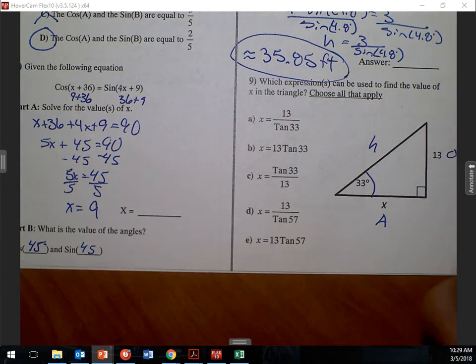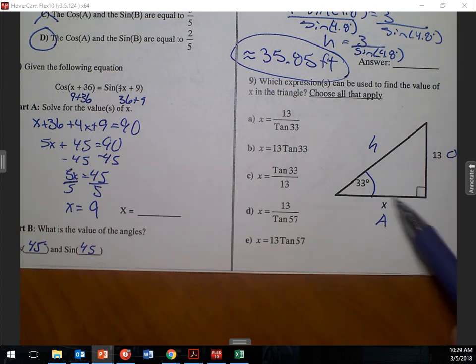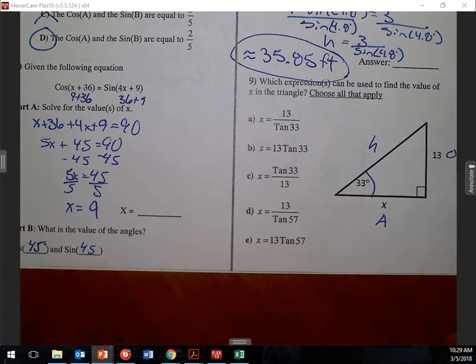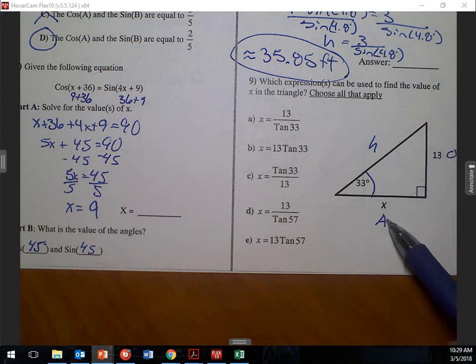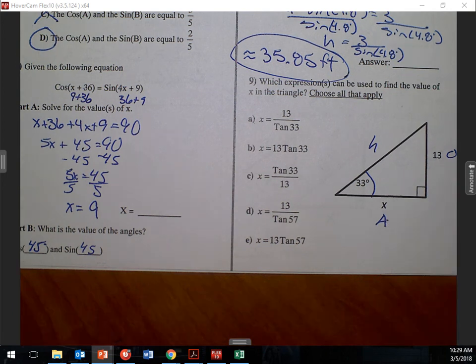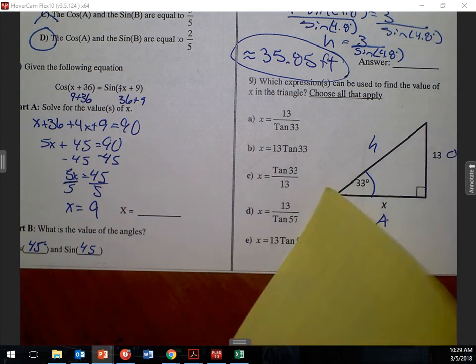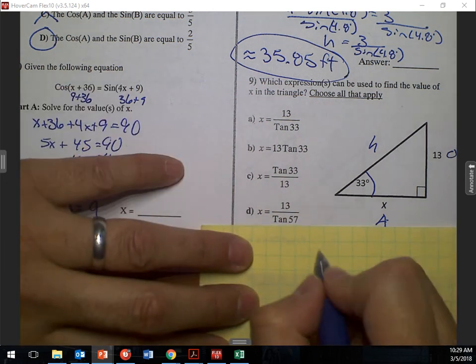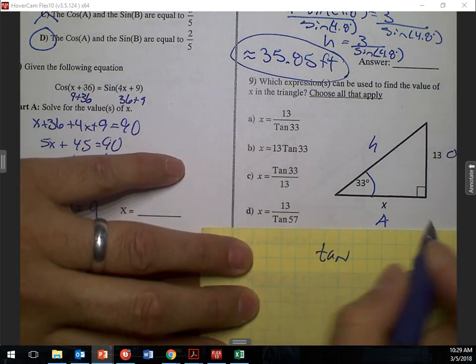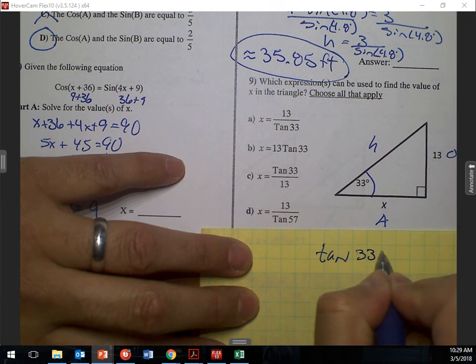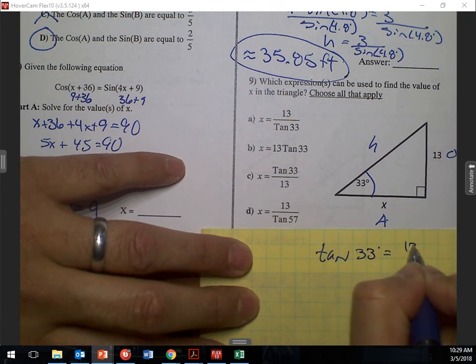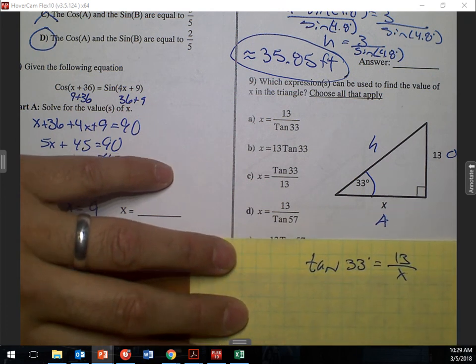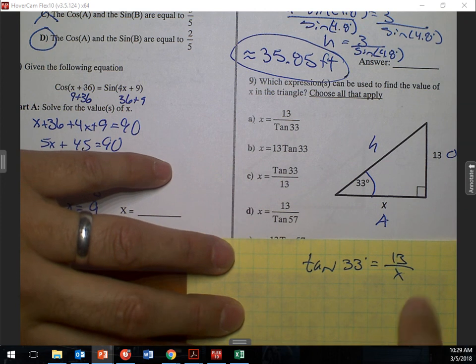So let's see. What am I working with here now? I would be working with the opposite and the adjacent, right? So what's that going to be? 13 over... Yes, but what ratio is that? Tangent, very good. So that's going to be tangent of 33 is equal to 13 over x. So x is down here.